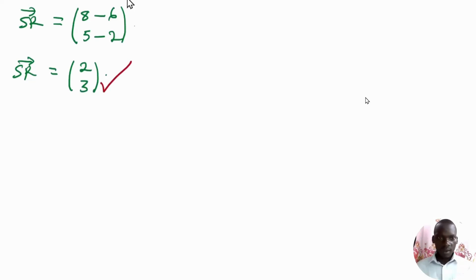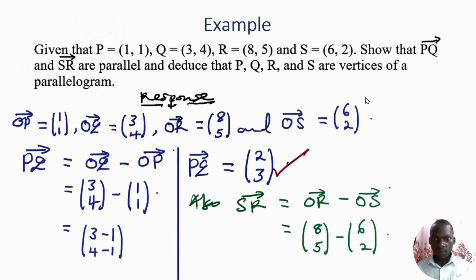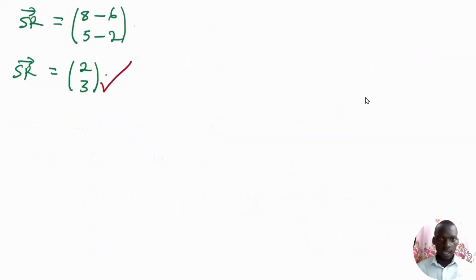So we can compare. Remember, we got our vector PQ as (2, 3), and again, we are getting our vector SR as (2, 3). What does it imply?